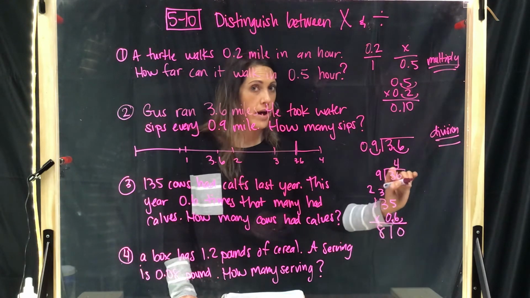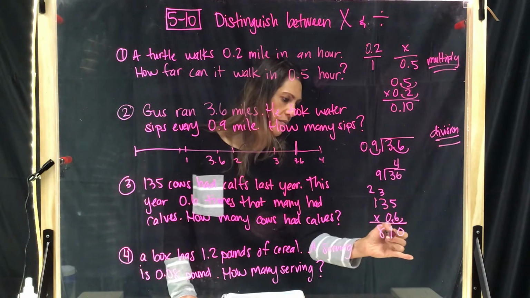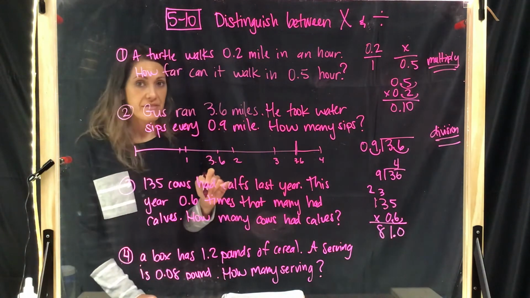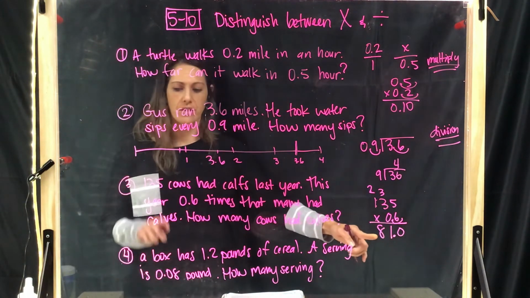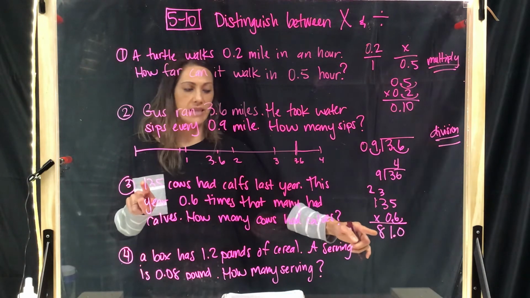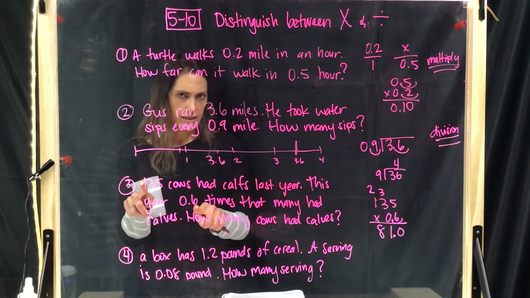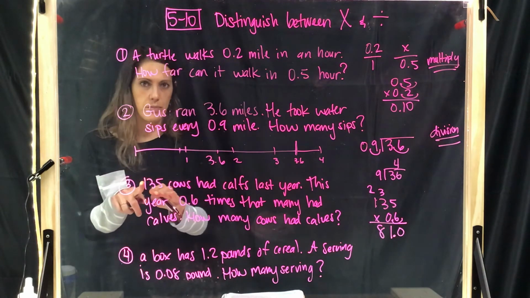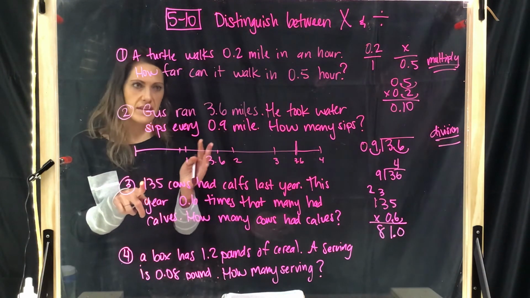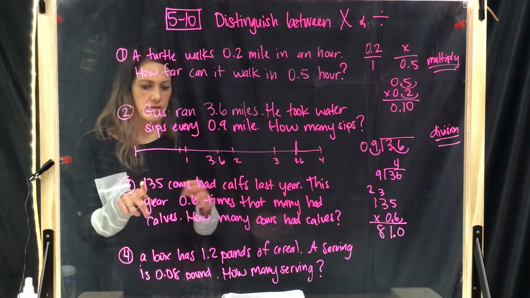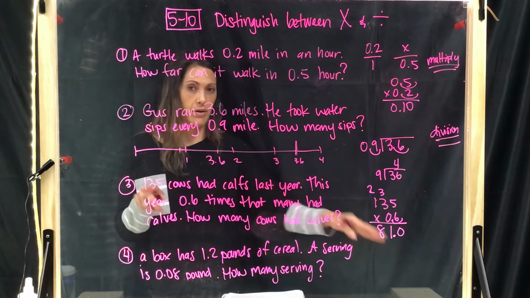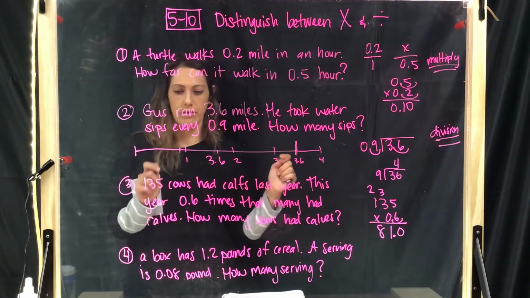It was 1 to go out, so 1 to come back in from vacation, and it looks like 81 cows had calves this year. And that matches up because that is less. Also, 0.6 is very close to a half, and half of 135 would be around 70-ish, so 81 is reasonable, okay?